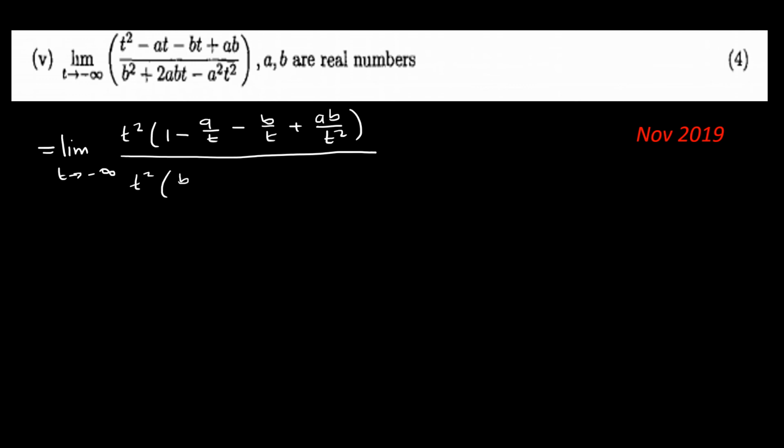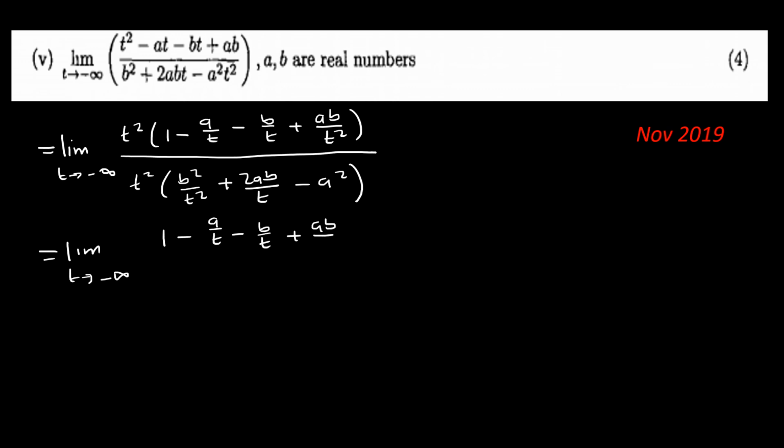Then here I'll be left with b over t squared plus 2ab over t minus a squared. So what happens? My t squared at the numerator cancels the one at the denominator, so I'm left with only this and this.